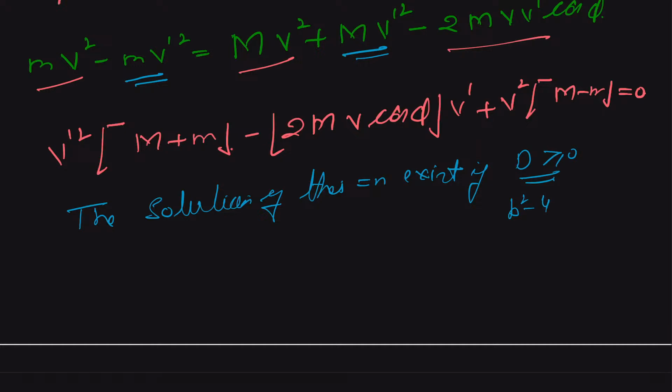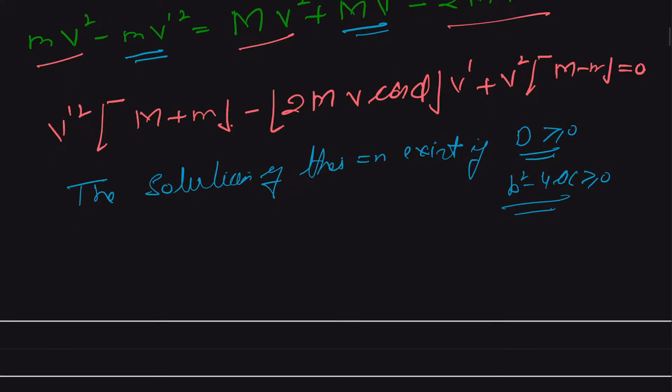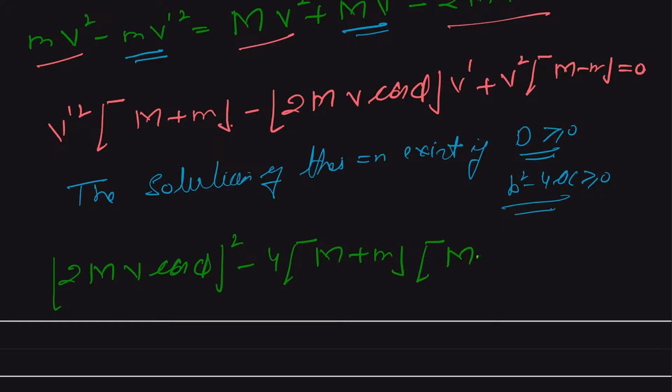Now we substitute: b square is twice m v cos of phi, whole square, minus 4ac, where a is M plus m and c is (M minus m) v square, is greater than or equal to 0.